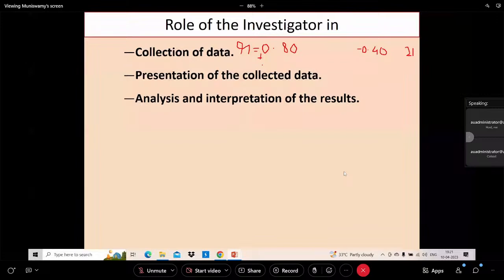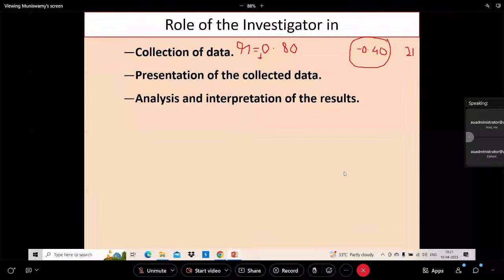Negative means one variable is increasing and the other is decreasing, like demand and price. Generally, when price is increasing, demand is decreasing. It is a negative relationship. Now if a relationship is there, how much percentage relationship is there between height and weight, or between demand and price?